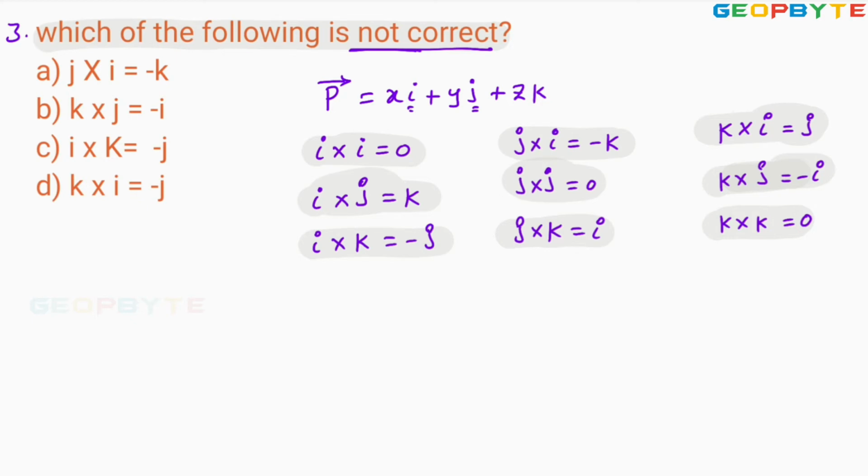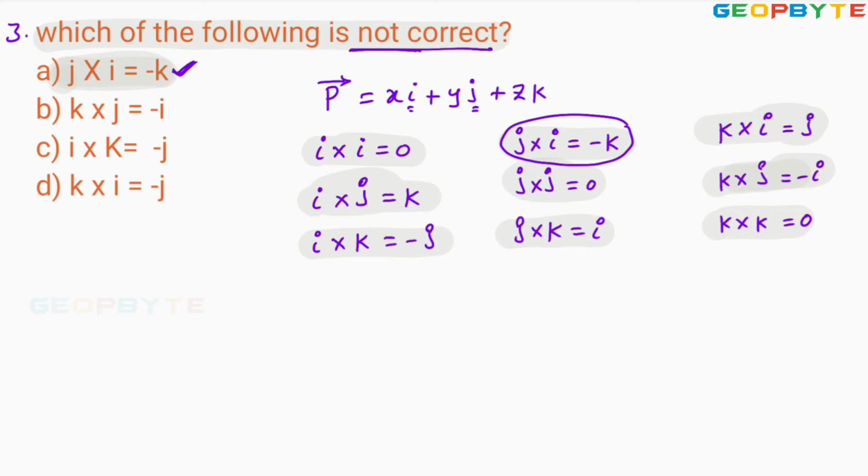Now look at the first one, cross product of j and i equal to minus k. This is the correct statement, but it is not our answer because he is asking for the incorrect statement.